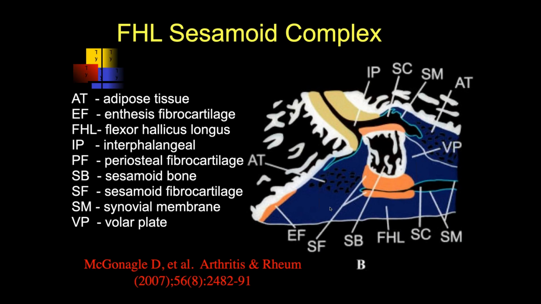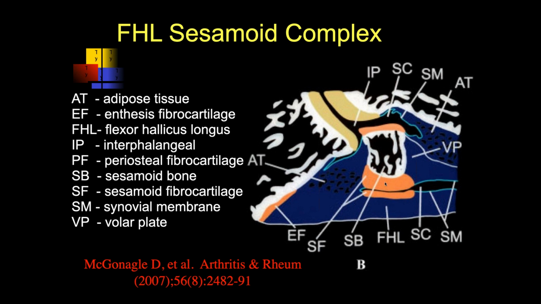Now let's go on to the first metatarsal phalangeal joint space. And this is a very common area of injury, as you all are aware of. And there's kind of complicated anatomy here around the sesamoid bone area. This would kind of be the sesamoid bone itself. Remember, wherever you have soft tissue and bone interfaces, the body normally has cartilage in those locations. So this is the flexor hallucis longus tendon.